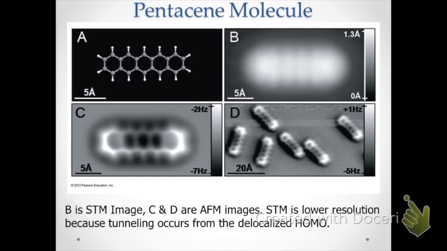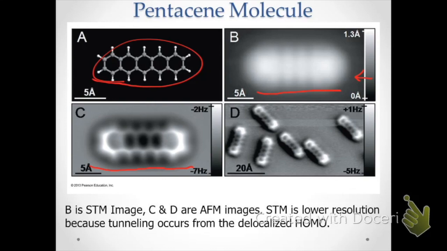Here are some images that show the results of some of these scanning methods. The image here at the top is actually just a model that's generated by a computer program. But here we have the STM image, which is kind of blurry, but you can make out some of the features of the molecule. The atomic force microscopy on these systems generates a very, very nice image of the pentacene molecule.